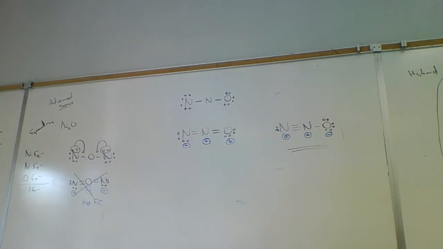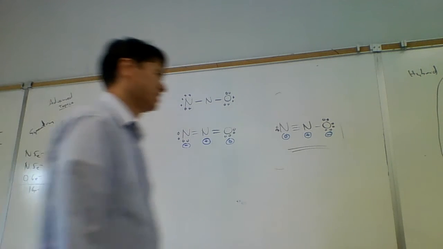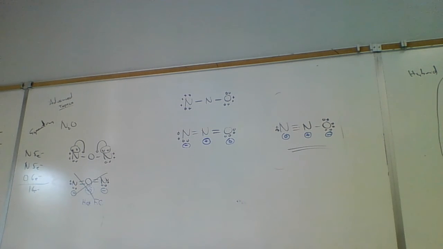And so we say that this is the best structure, but then we go, wait a minute. What exactly is the difference in electronegativity between nitrogen and oxygen? Let's go back to chapter 12 and take a look. When I go back and take a look, oxygen is 3.4, nitrogen is... Is there really a huge difference in electronegativity?